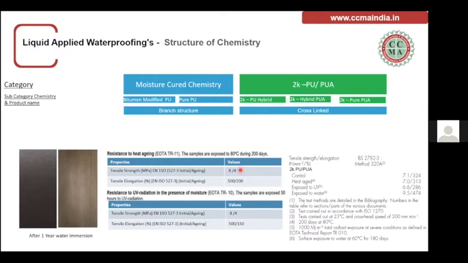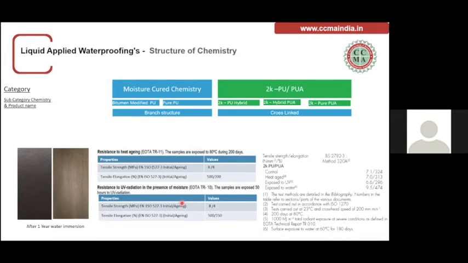Similarly, the elongation goes from 500% to 200%. So there is a significant loss of properties under accelerated weathering conditions. Similarly, when you put the systems in UV, if your system is not aliphatic in nature or UV stable, then you see a significant fall in the elongation and in the tensile properties.